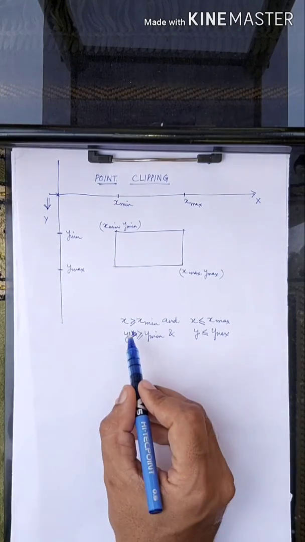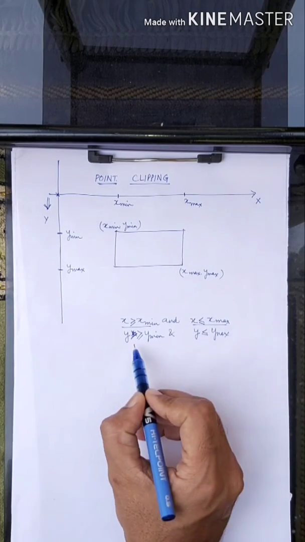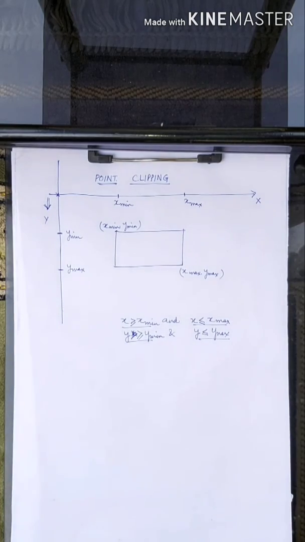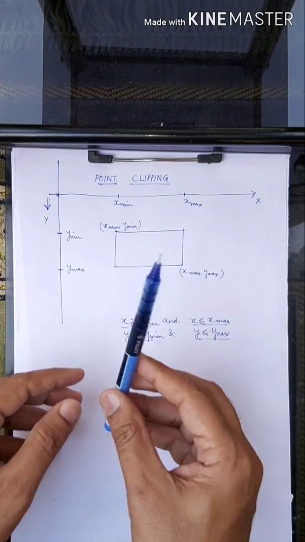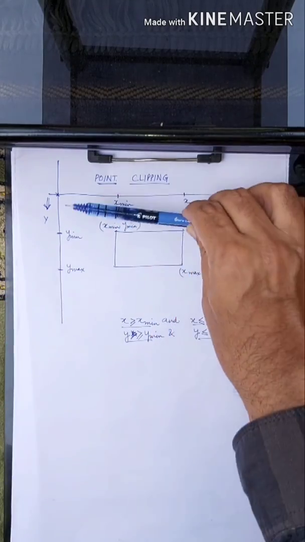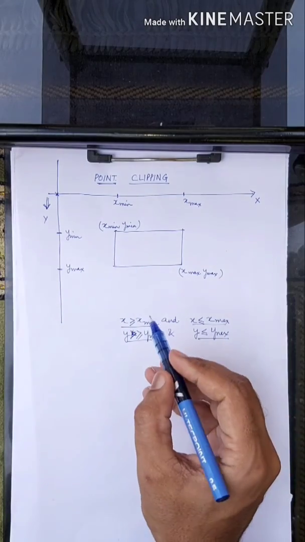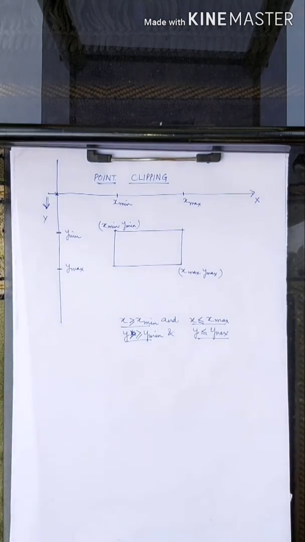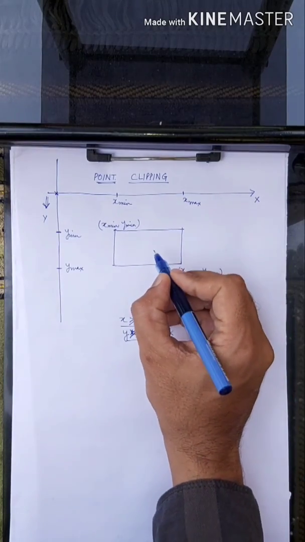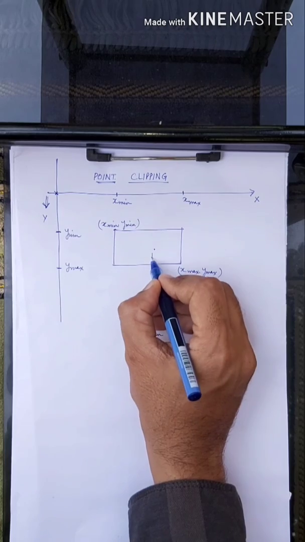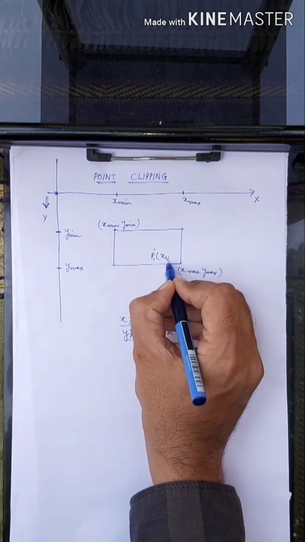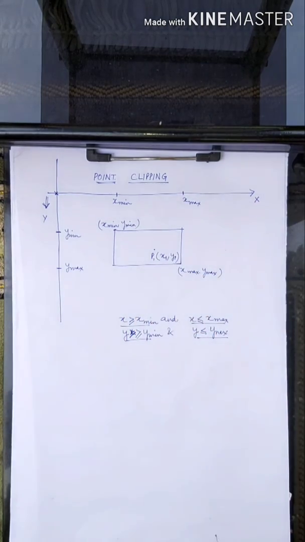Now we have four conditions: 1, 2, 3 and 4. If a point satisfies all these four conditions, it is contained within this region. If you are to check whether a point is inside the window or outside the window, you take its coordinates. Let us suppose this is the point P1 having x1 and y1 values.